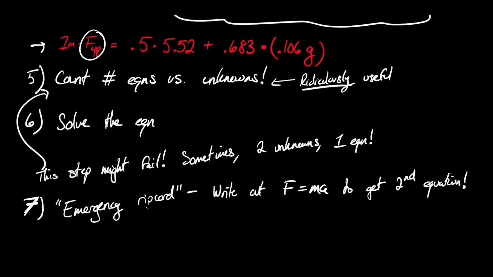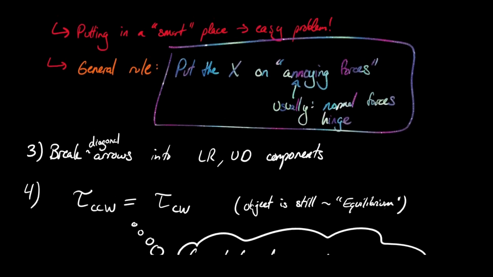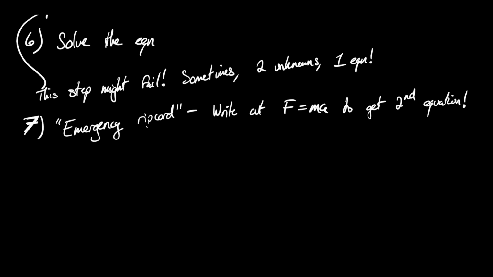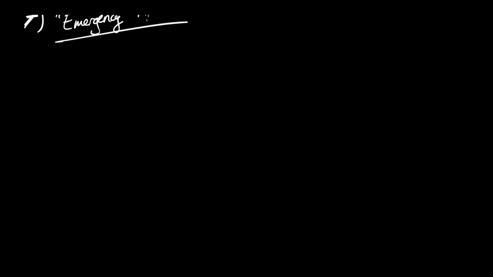What this will do is get you, usually the unknown force, as we'll see, will be the normal force. So this second equation will also contain that variable. So effectively, you'll go from one equation with two unknowns, which is bad, into two equations with two unknowns, which means you're guaranteed to finish the problem. So again, this is an emergency ripcord, and we're going to take a simplified look at how that might pop up in a problem. The example we're going to use is very similar to the one above, but I'm just going to remove some of the masses.